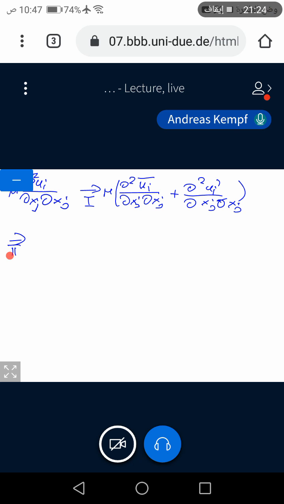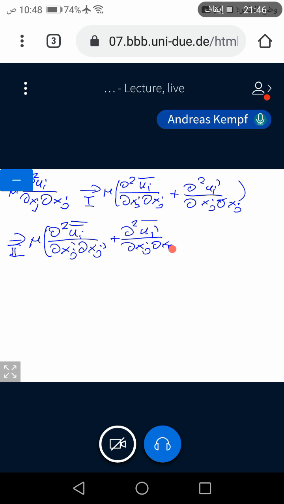Step 2 is average. So we end up with mu del squared ui bar del xj del xj plus del squared ui prime bar del xj del xj. Okay.